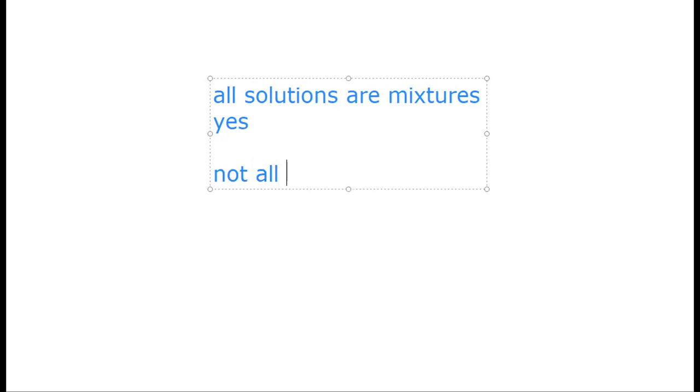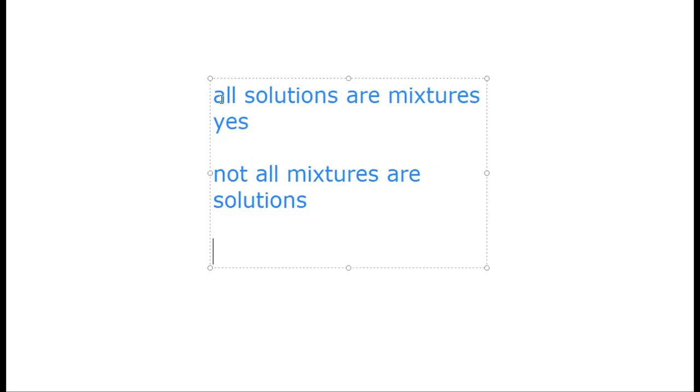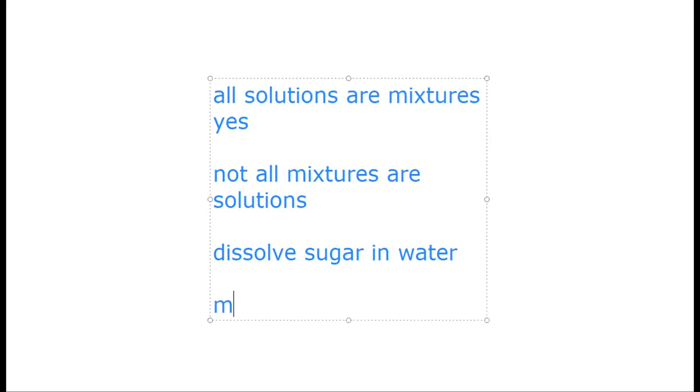Who can complete? All mixtures are solutions? Not all mixtures are. Let's take an example. If we dissolve sugar in water, it is a solution, it is a mixture.